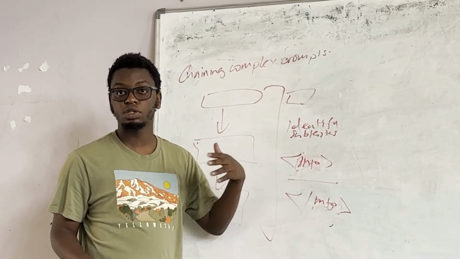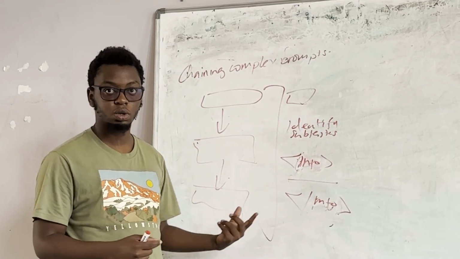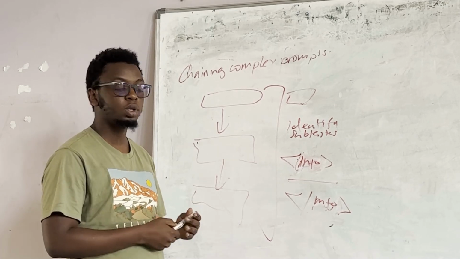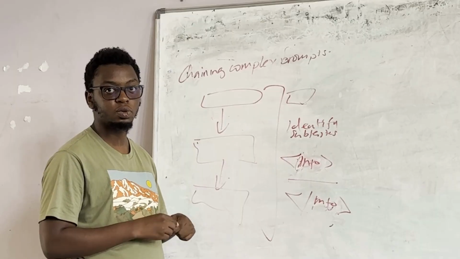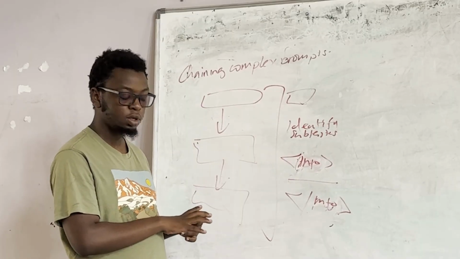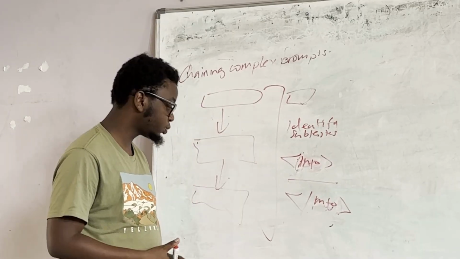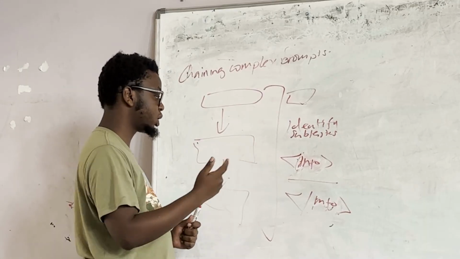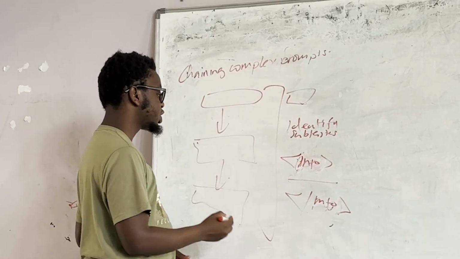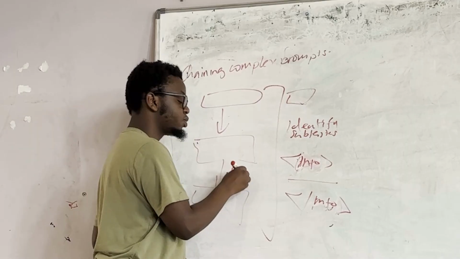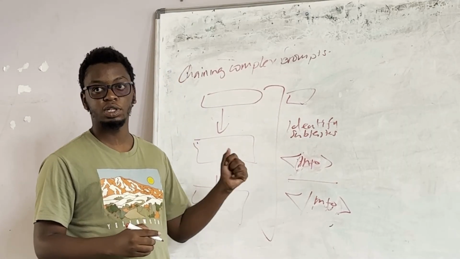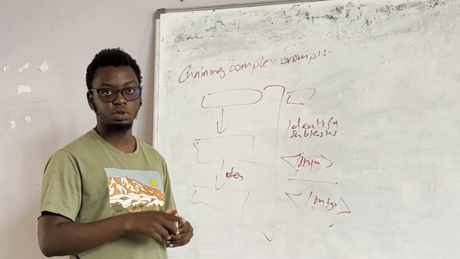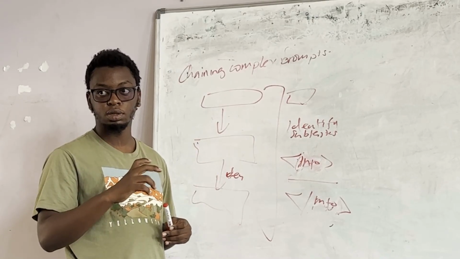Then for each subtask, you need to have a single goal that you want to achieve. It should have one clear objective. For example, if you're identifying information, that should be the only objective of that particular subtask.